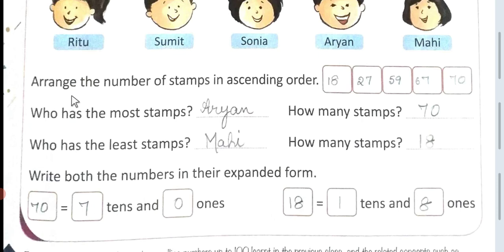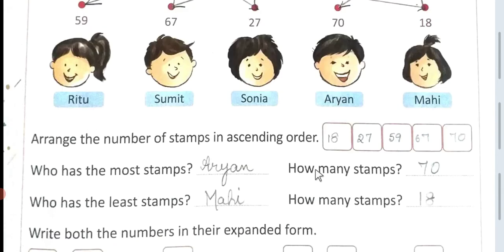So let's move on. Arrange the number of stamps in ascending order, from the smallest to the biggest number. Here I have done this for you. So the first number is 18, second is 27, third is 59, then 67 and in the last block you will write the number 70. So who has the most stamps?